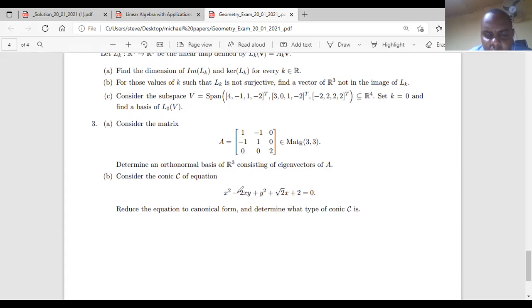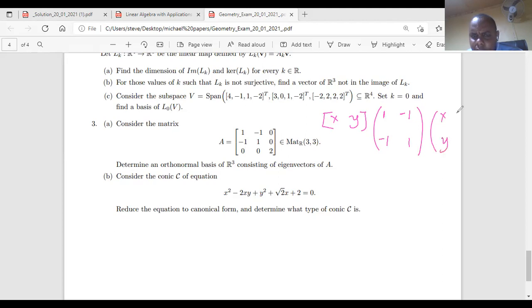So we could write this as (x y) times the matrix [1, -1; -1, 1] times (x, y), and then next we are going to have 0.